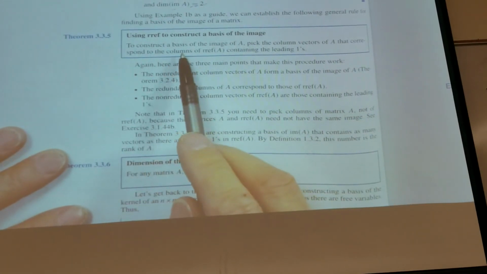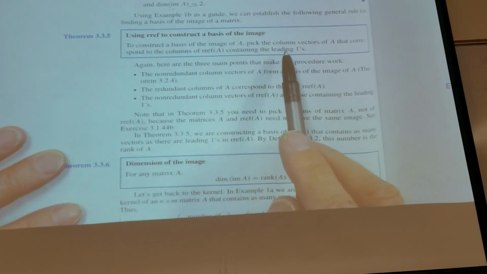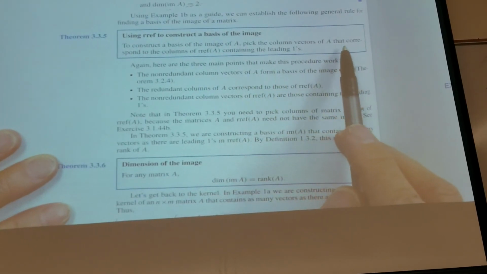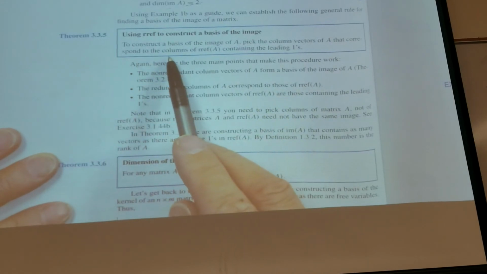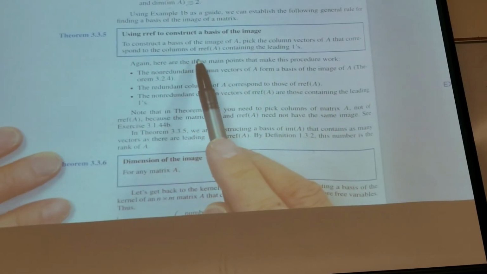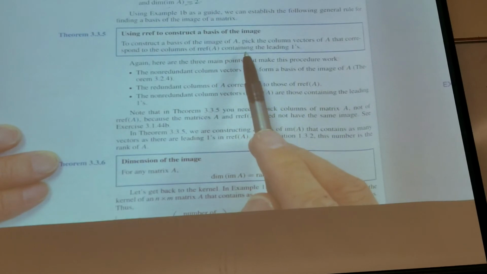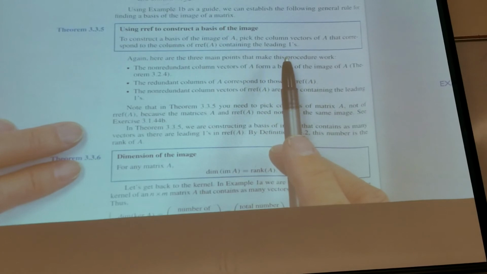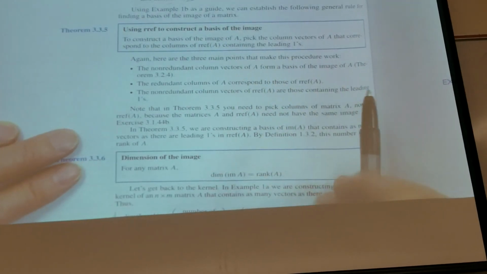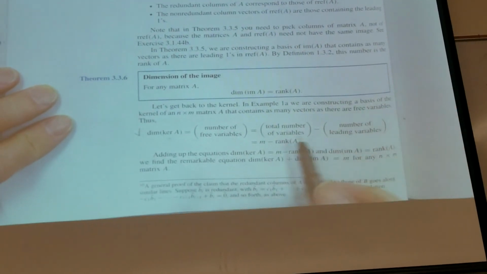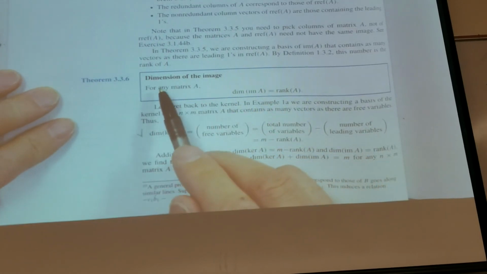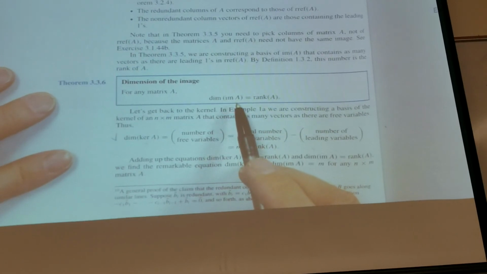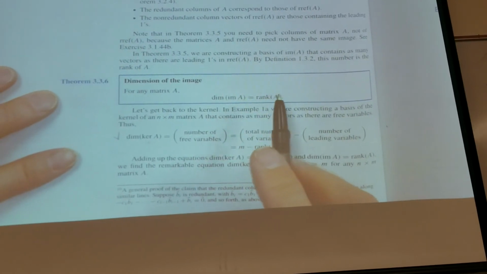So to construct a basis of the image of A, pick the column vectors of A that correspond to the columns of RREF of A containing the leading ones. That means they are non-redundant, right? So the dimension of the image: you count how many are left.